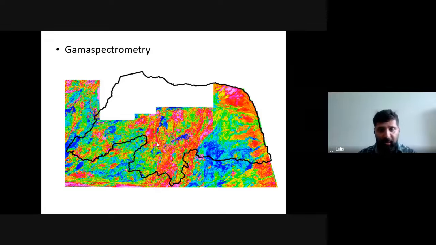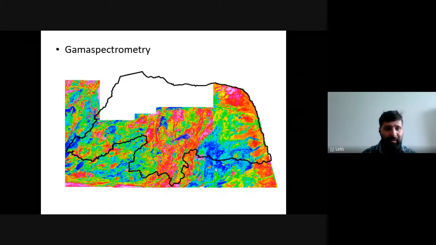But in this case, we can easily see that the composition of the surface horizon, the surface layer of soil, is also highly influenced by parent material. And we can see these examples in several other areas around the earth. It's not an exception in Brazil or even on Earth.